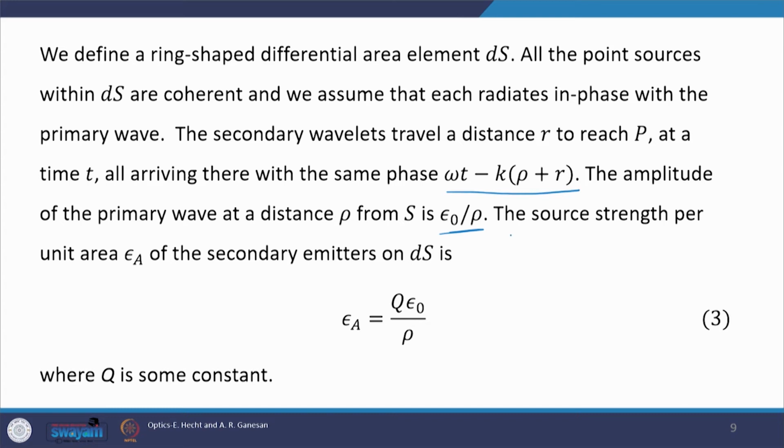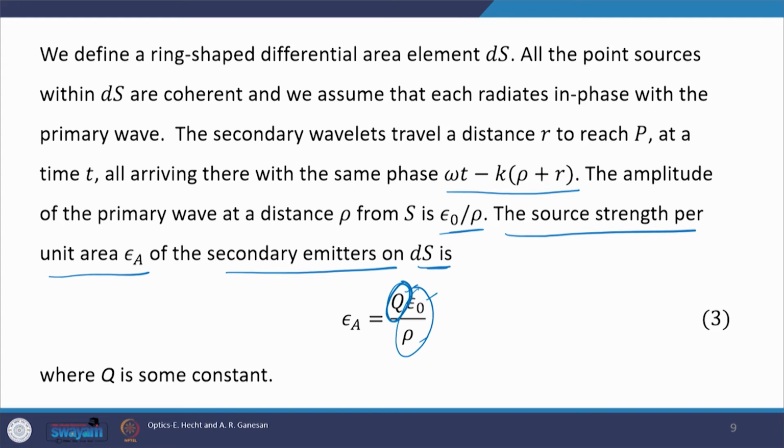Therefore, we define source strength per unit area here too, and the source strength per unit area of the secondary emitters on dS will be equal to q epsilon naught by rho. But epsilon naught by rho is the amplitude of the primary wave, which is at a distance rho from the source. We are just modifying this amplitude by some multiplication factor q, which we do not define at this point.